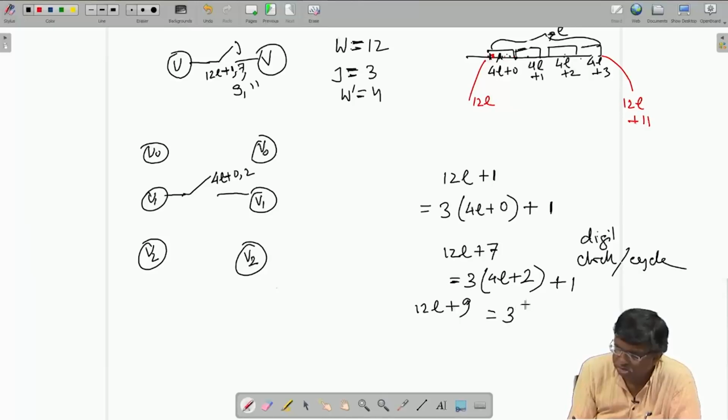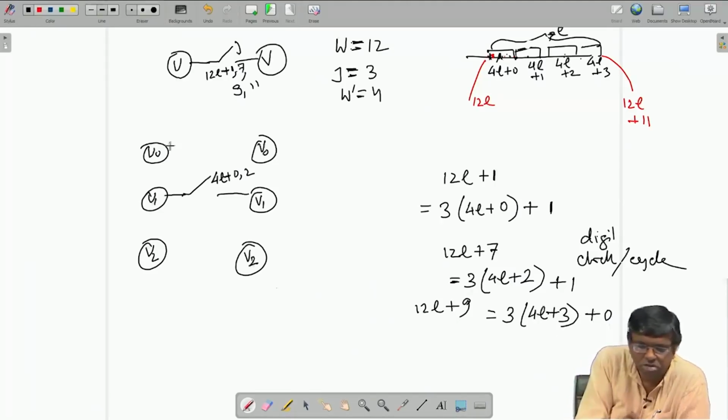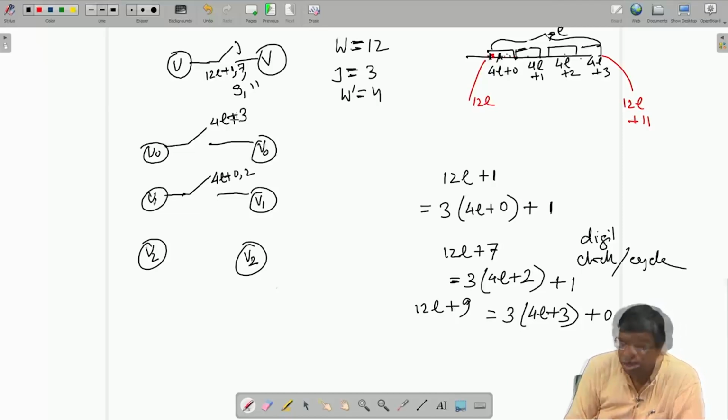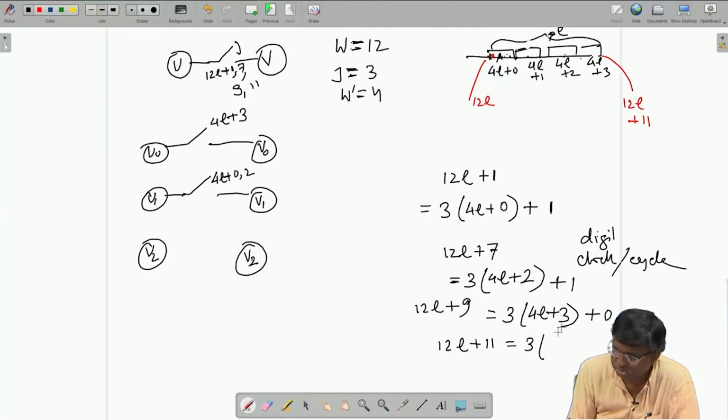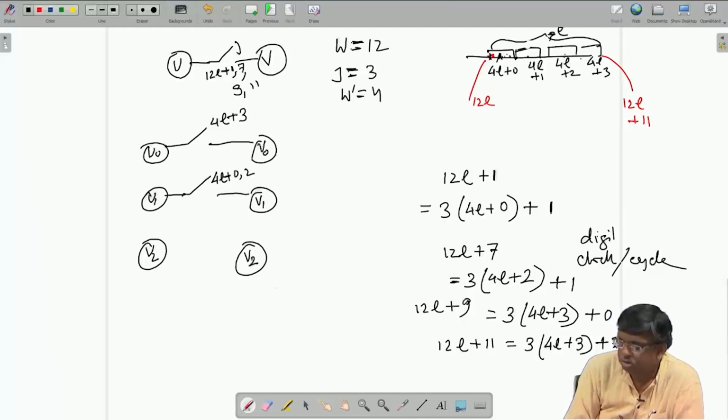Take 3 common, 4L, divide 9 by 3, so fully divided, 3 and 0. So at the 4L plus 3 digit cycle, U0 connects to V0. So U0 will go to V0 at 4L plus 3. And the last one, 12L plus 11. So U2 goes to V2 at 4L plus 3.